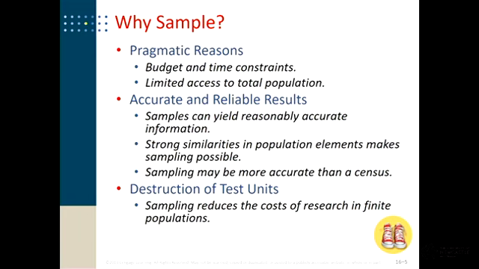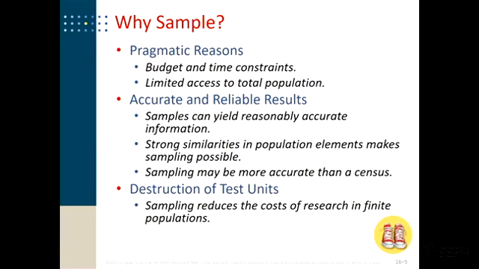It's very easy to say past customers, but you understand that Ford will not be able to access all the past customers because probably some of them have changed their address, some of them have left the country, some of them have not updated their contact details. So even if they are not constrained by time and resources, they still need to go for sampling because they do not have information about the entire population.